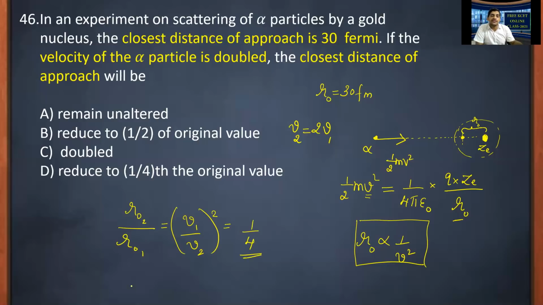So R naught the second time is equal to 1 by 4th of R naught 1. So when you double the velocity, the closest distance of approach reduces to 1/4 of its initial value.